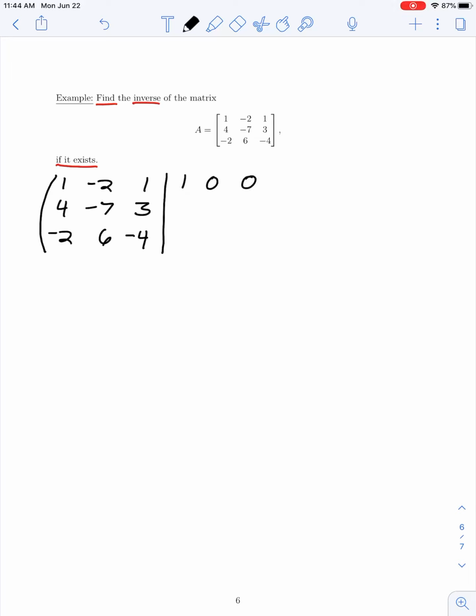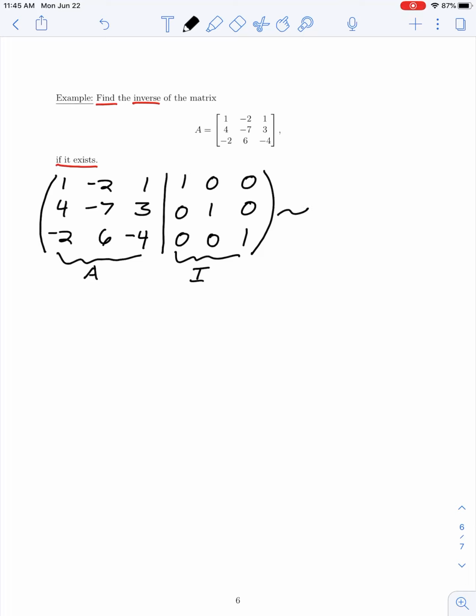So that is 1, 0, 0, 0, 1, 0, and 0, 0, 1. So on our left-hand side, we take the matrix we're given. On the right-hand side, we're taking the identity matrix of the same dimension, in this case, the 3 by 3 identity. And we now want to row reduce A to the identity matrix.